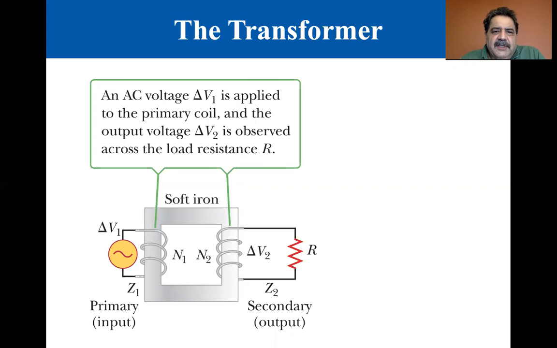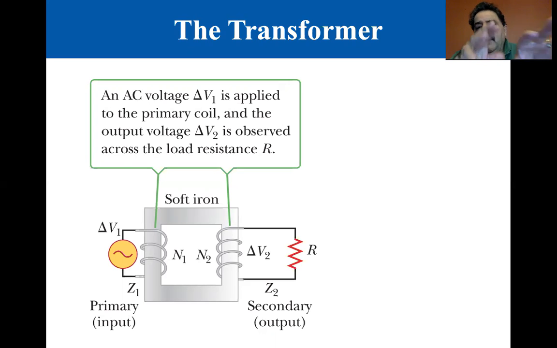So an AC voltage delta V1 is applied to the primary coil, and the output voltage delta V2 is observed across the load resistance R. You sort of did this in your class, using a little iron rod between the coils to enhance the transfer of the magnetic field to the coils.